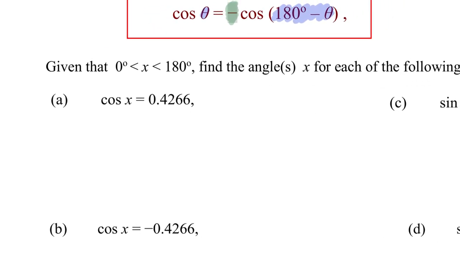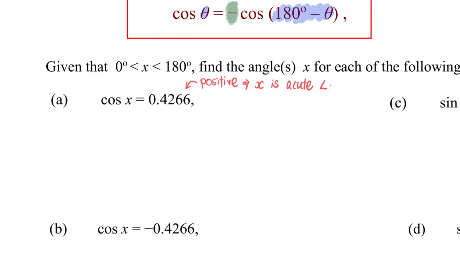And when I see that the cosine of this angle x is equal to a positive ratio, this means that x in this case is an acute angle. Okay, why?